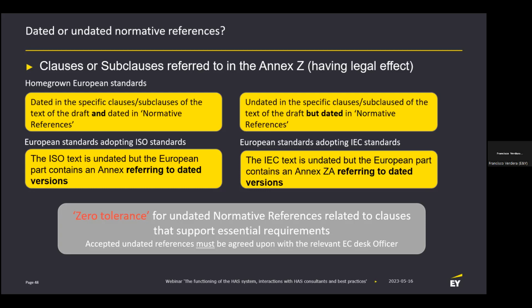And the same applies for IEC, but in the case of IEC it was easier because the Annex ZA is a long-standing practice in the CENELEC community. So in reality, we know that the Annex ZA contains the corresponding dated version. The devil is in the details, of course, and we will see now what I mean.